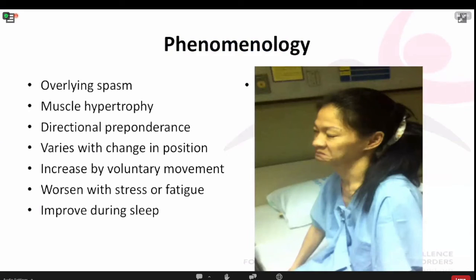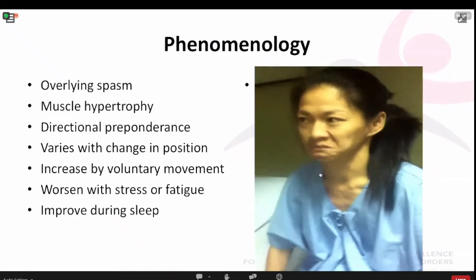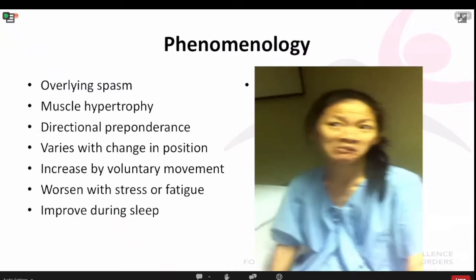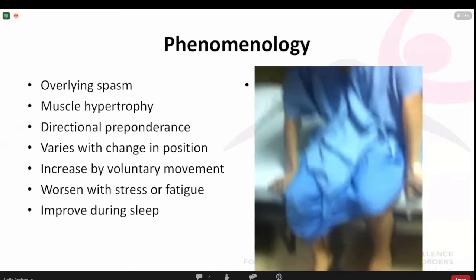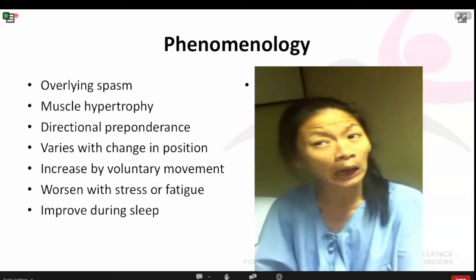Apart from the abnormal posture, other phenomenology or signs that we should look for in a dystonia patient include, for example, overflow spasm, muscle hypertrophy, directional preponderance, and variability of dystonia with changing position.